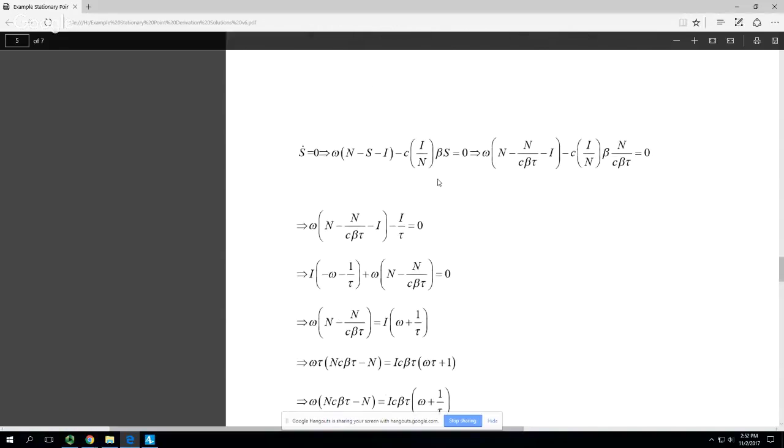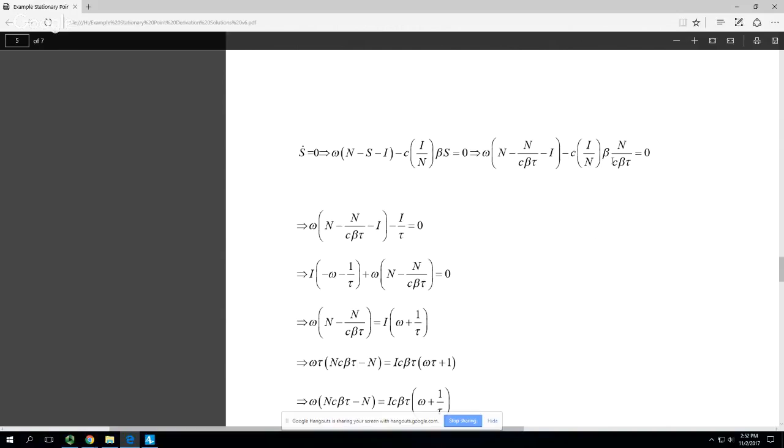How did we get from this guy down to this guy? Can anyone tell me? What did we do here? Yeah, it's actually a sort of involved process, but basically we're canceling this N with this N here, right?